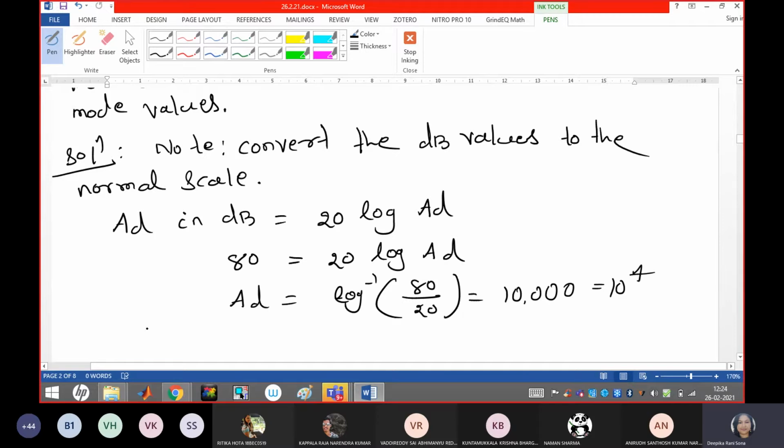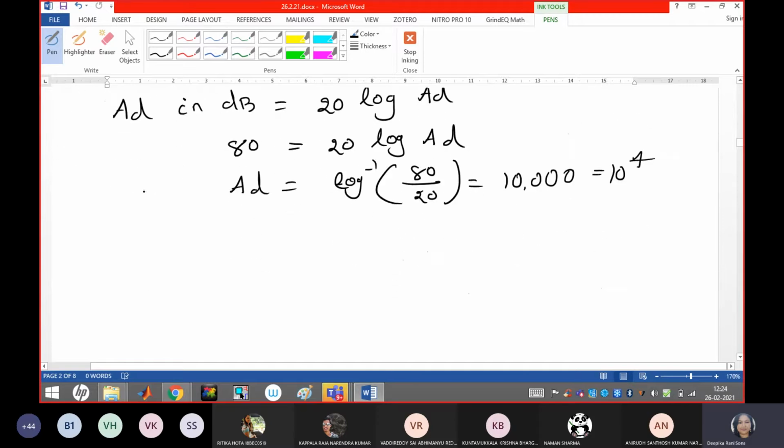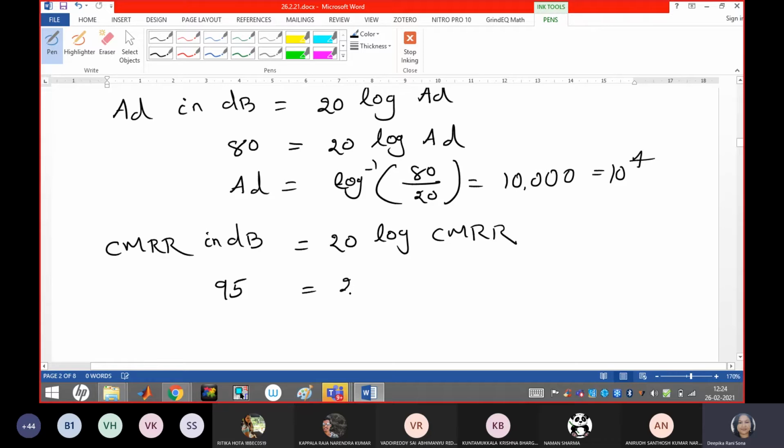Similarly, if you see CMRR in dB, it is 20 log of CMRR, and this CMRR is nothing but AD by AC, right? But before doing that, we have to convert this 95.